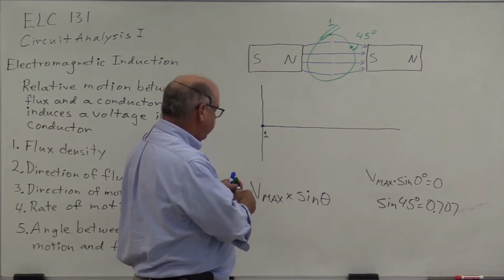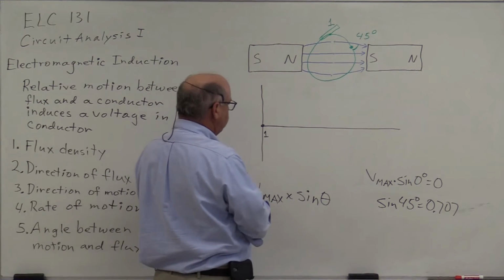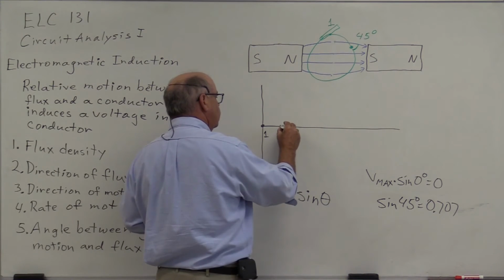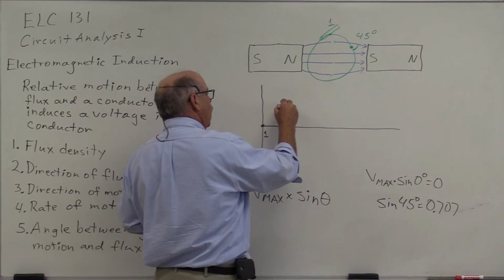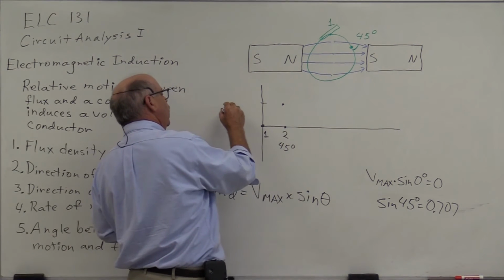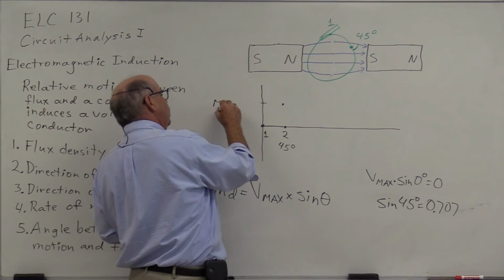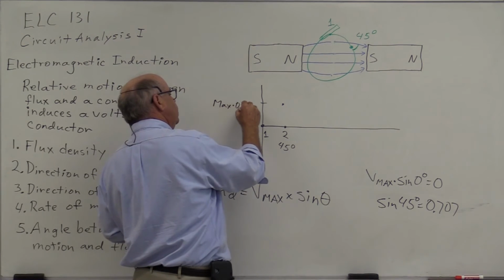So at 45 degrees through our rotation, point 2, I will have a voltage of the maximum times 0.707.